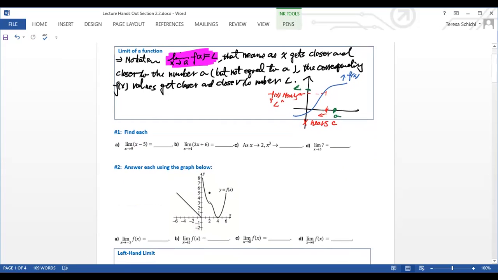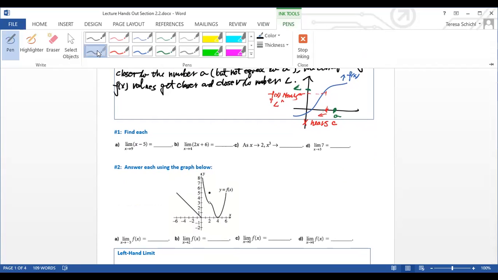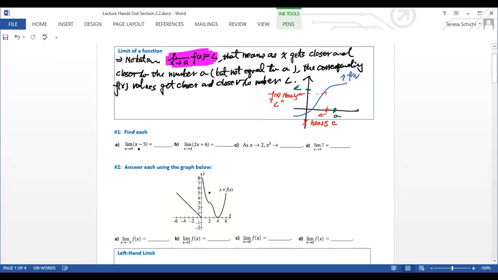So let's take a look here. In the first example, when x gets closer and closer to 9, what is this value going to get close to? It's going to get closer and closer to 4.